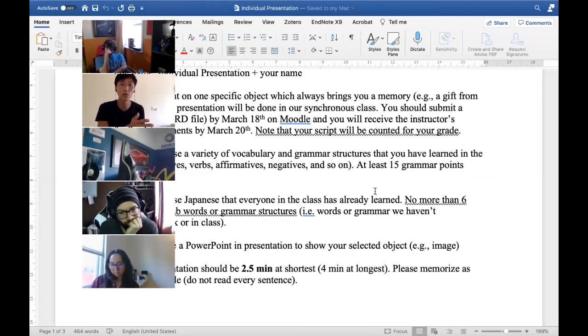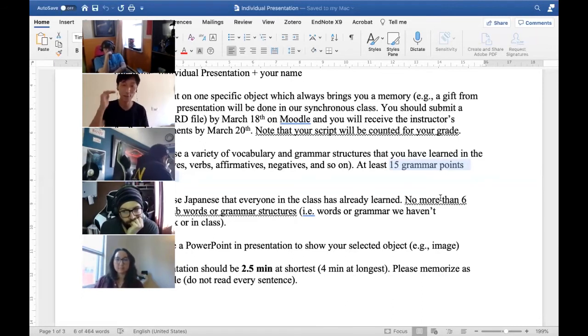So lesson 1 through maybe lesson 10. You have to use adjectives, verbs, affirmatives, negatives, and so on, and at least 15 grammar points. It's pretty easy, actually. If you talk for something like 2 minutes, it could definitely be more than 15 grammar points. So you don't have to worry about this.